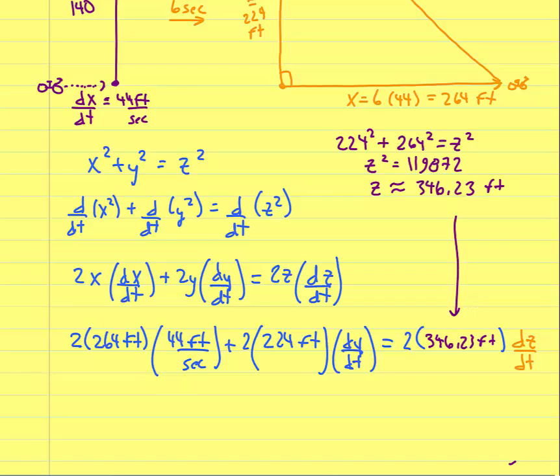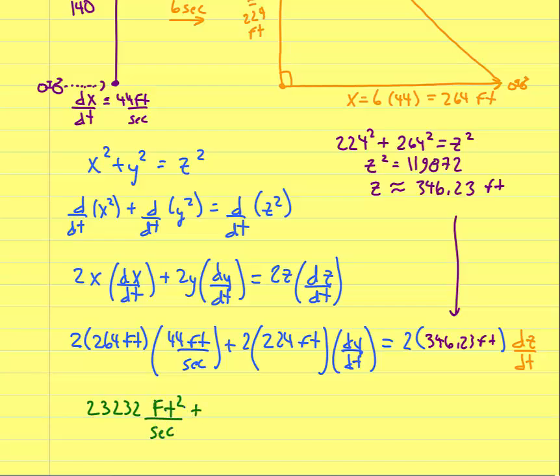Okay, so let's keep simplifying. This one's a long one. I think we're going to use up more space than we might expect. So over here on the left, I'll have my 2 times 264. Plug it into my calculator here, times 44. And I'd have 23,232 feet squared per second.